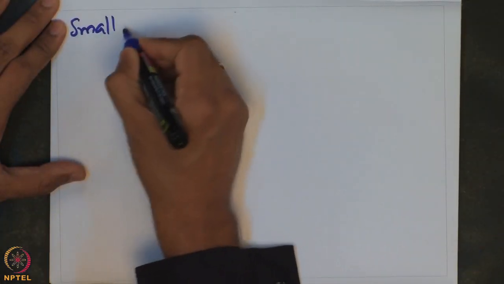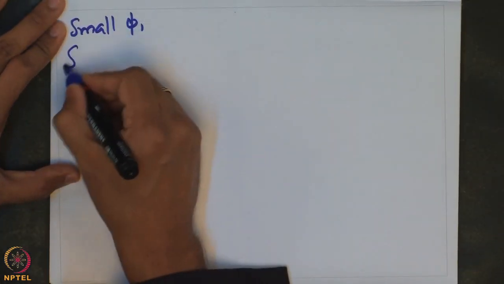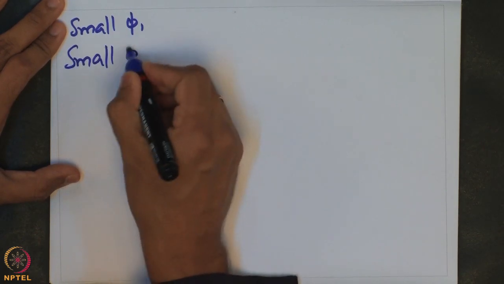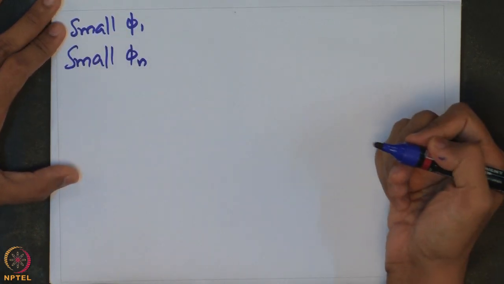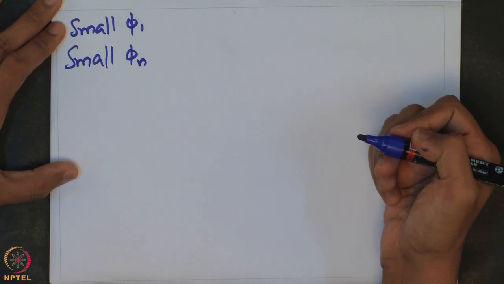let us say the Thiele modulus is very small, say small phi 1 for a first order or in general small phi n for any nth order reaction, then in this case it is actually necessary to coat the precious catalyst metal everywhere inside the catalyst. This is because for small Thiele modulus the reaction is happening everywhere inside the catalyst pellet.